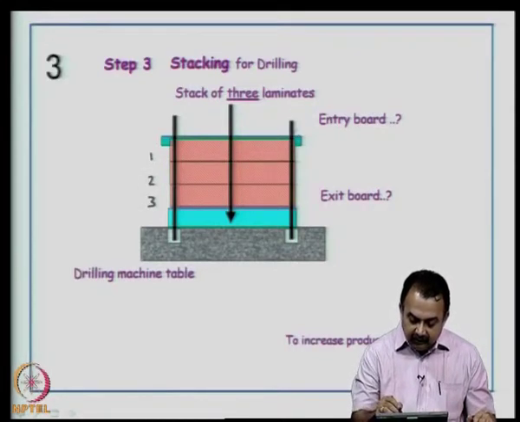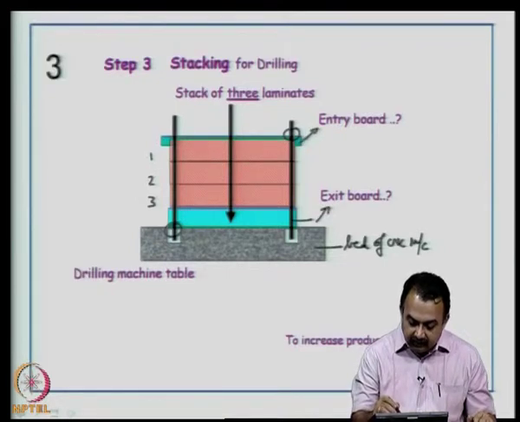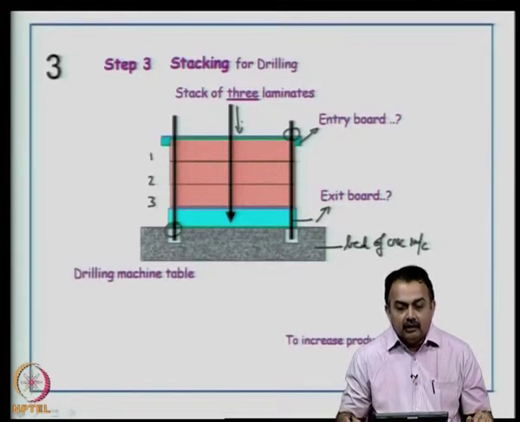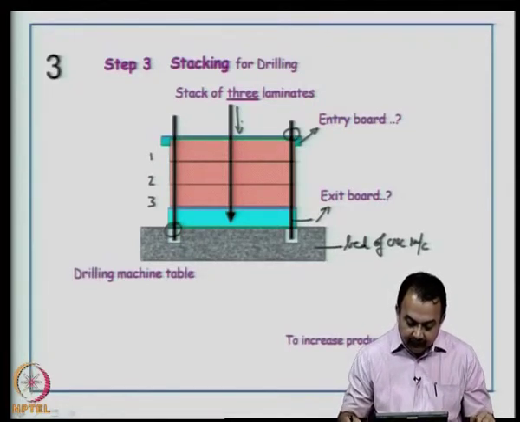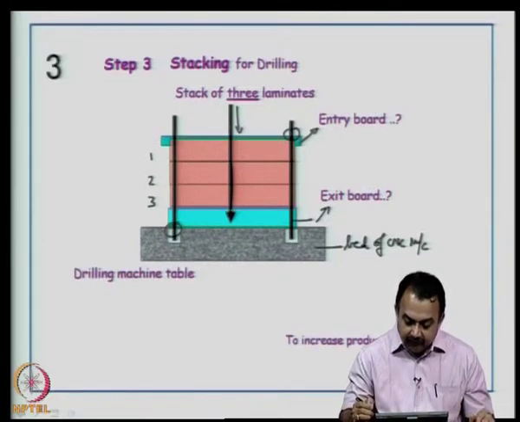They have been secured using a tooling hole. This is the bed of the CNC drilling machine. Then you can see here there is an exit board, and here there is an entry board, and this is the drill entry. Okay.